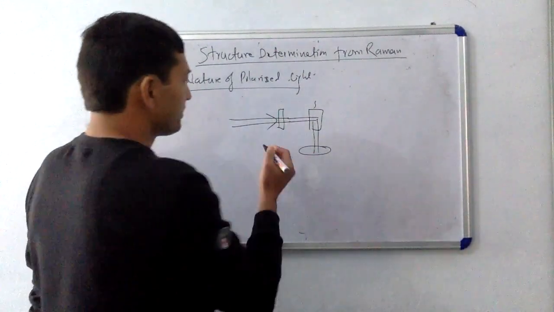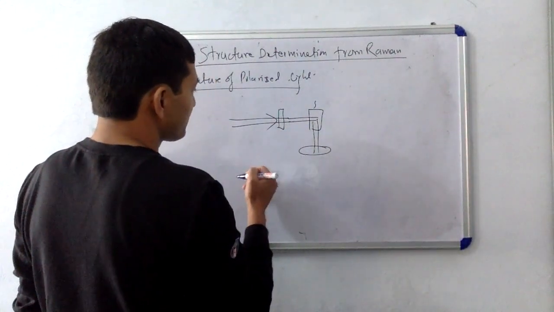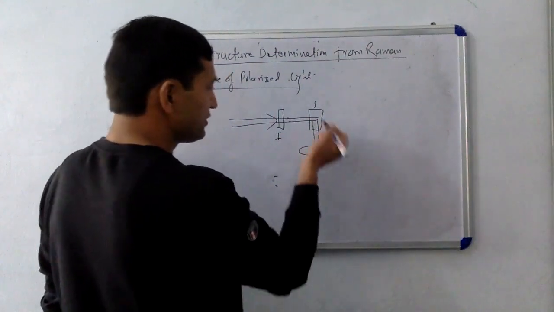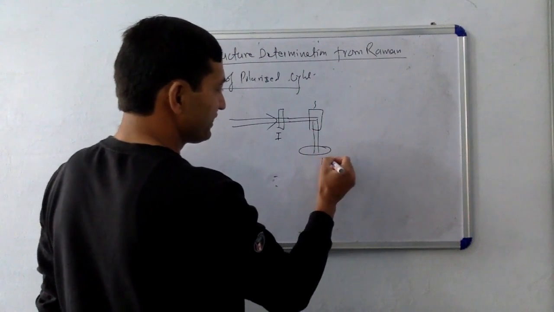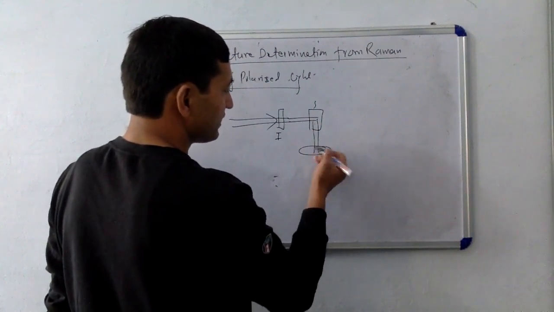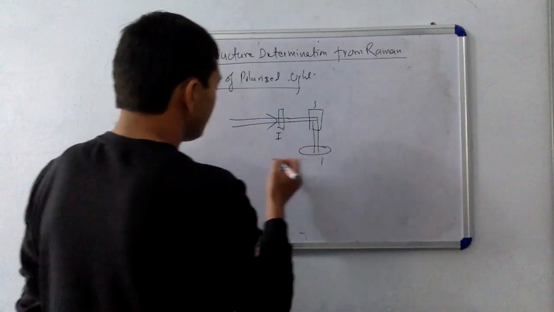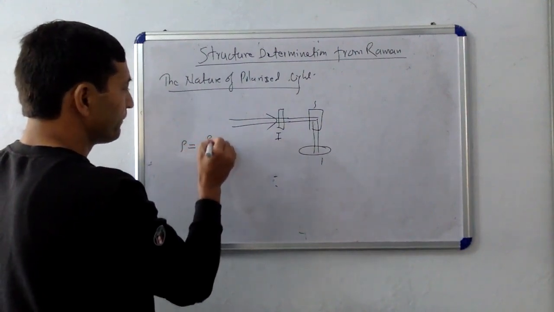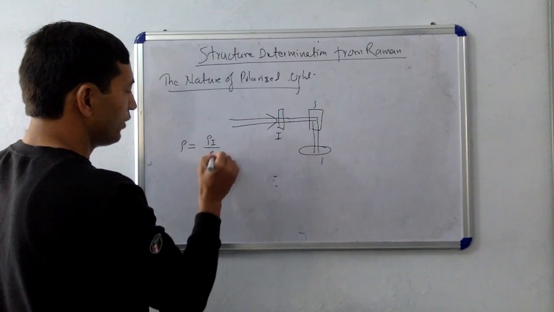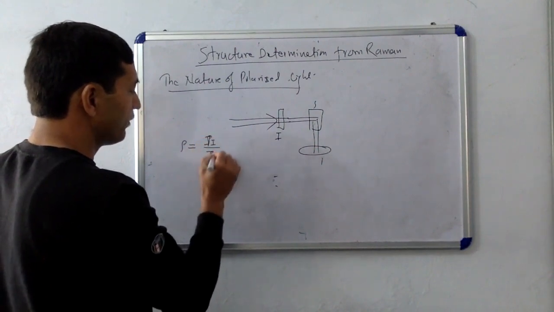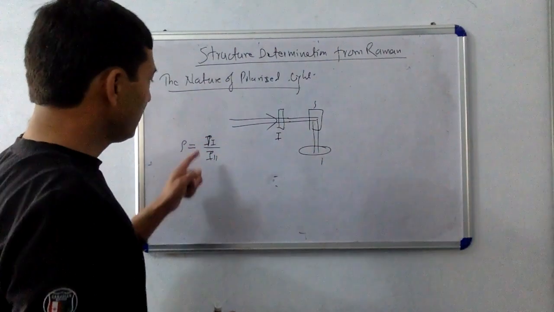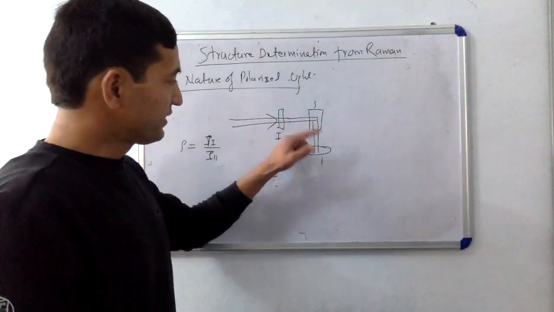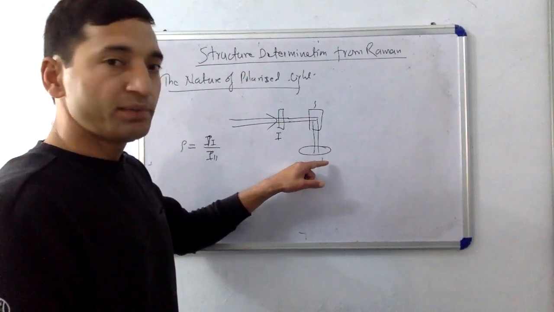If it is linearly polarized light, suppose the intensity is I, and the analyzer is set parallel to this, then the depolarization rho is defined as I perpendicular to I parallel. It means that if I have linearly polarized light, after the sample the scattered light has some perpendicular component.